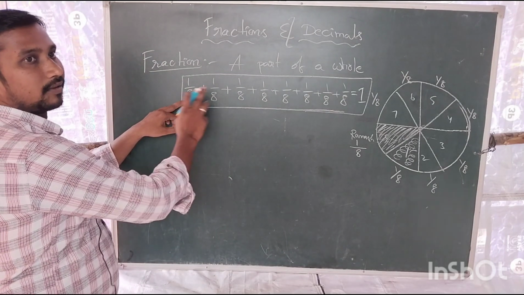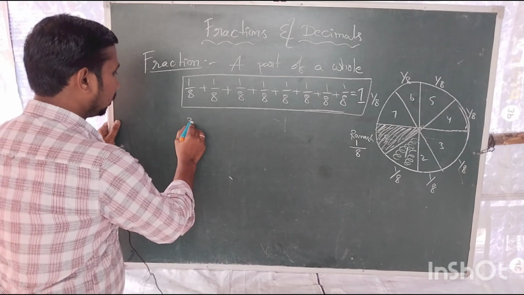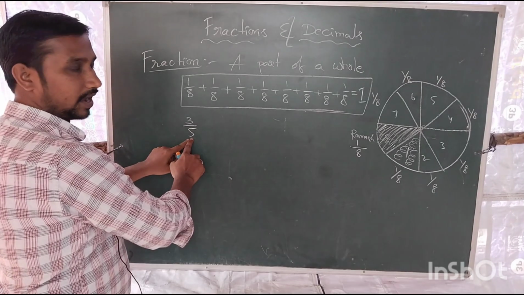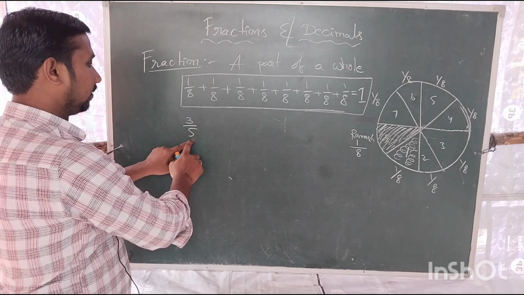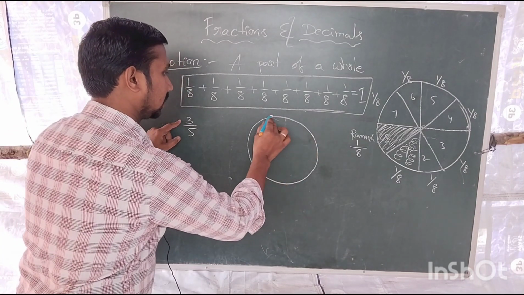In fractions, for example, 3 by 5 is also a fraction. How many total parts are here? 5. It is another example for you.